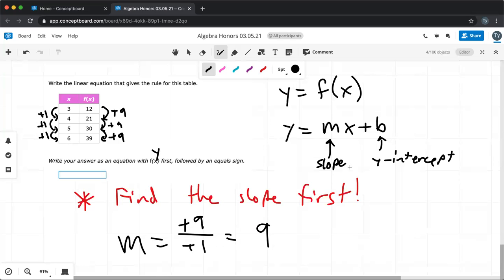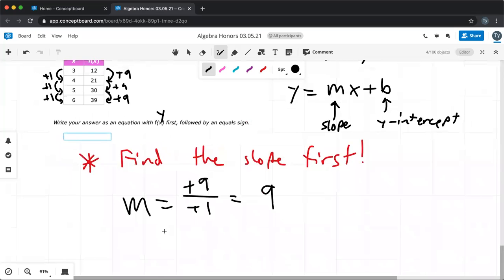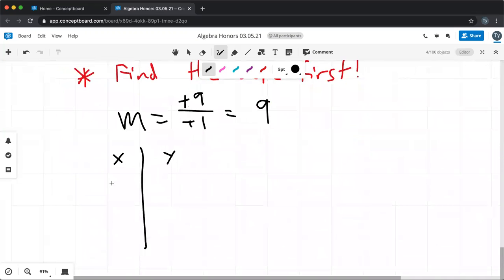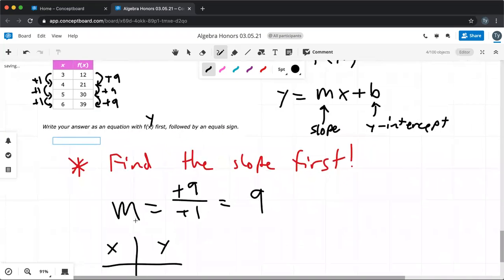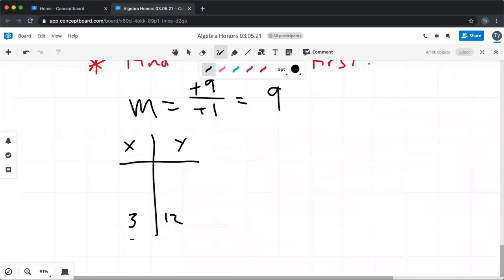Part 2, we got to find the y-intercept now. There are two ways to do this. The first way is to just use the table and work backwards. So let's see that. So if I have x and y, it tells us that we have 3, 12, and 4, 21. And then there's some more, but that's okay.